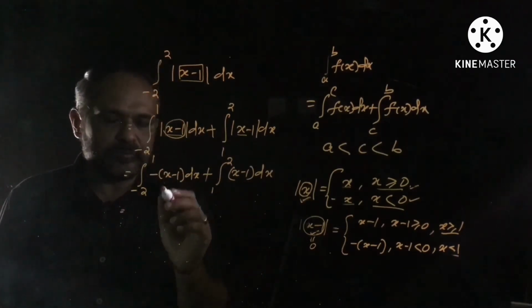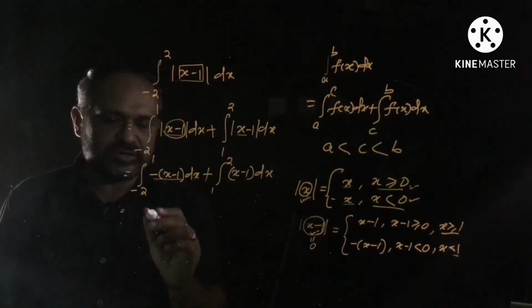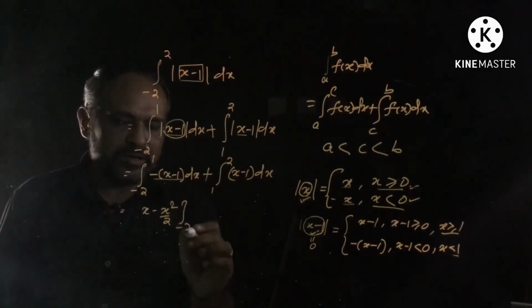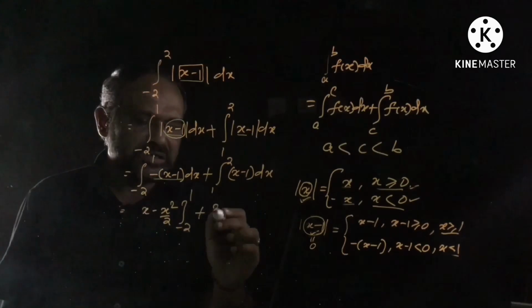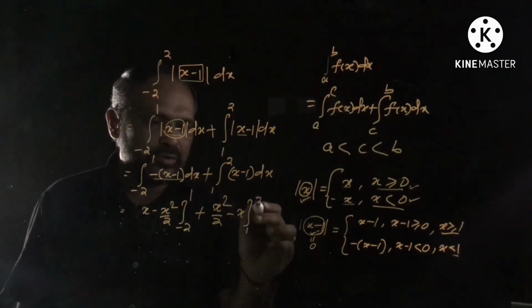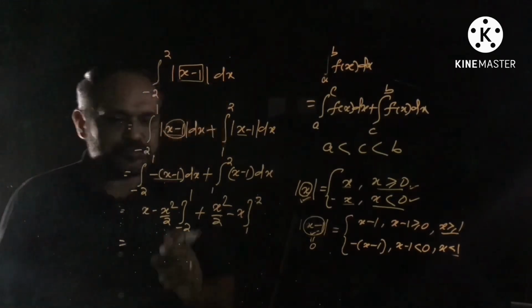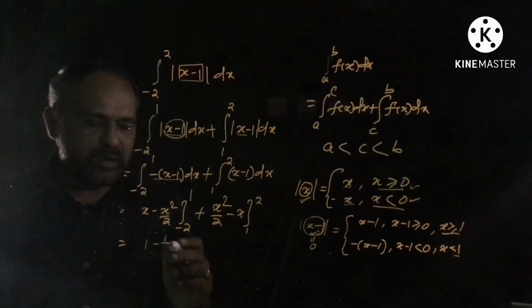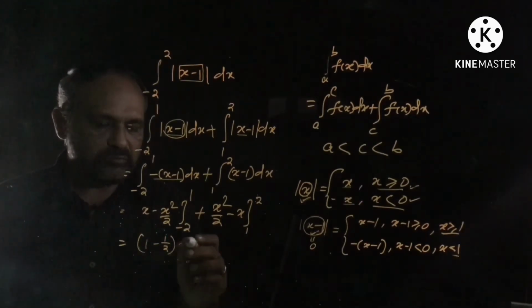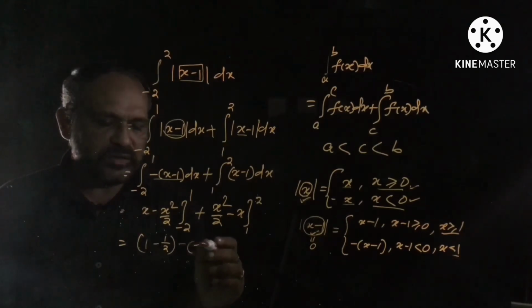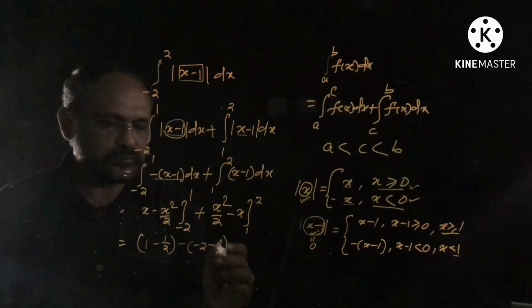That is equal to the integration of this: x minus x square by 2 from minus 2 to 1 plus x square by 2 minus x from 1 to 2. First put x equal to 1. So this is equal to 1 minus 1 by 2 minus, next put x equal to minus 2, that is minus 2 minus 4 by 2.